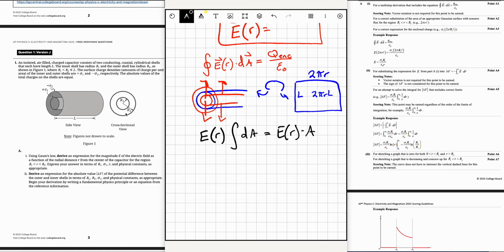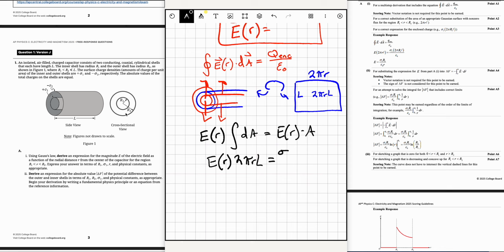Okay, so then we get this equation, the electric field times the area, and the area is 2πrL. So now we have E(r) times 2πrL. Now, none of that would be helpful unless we had an equal sign. It's equal to the enclosed charge over epsilon naught. Well, what is the enclosed charge?